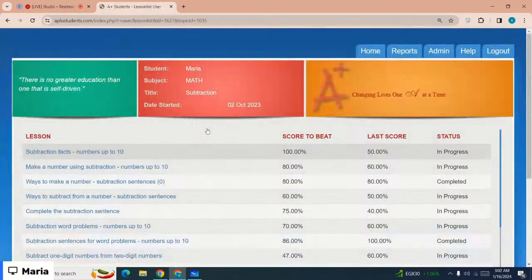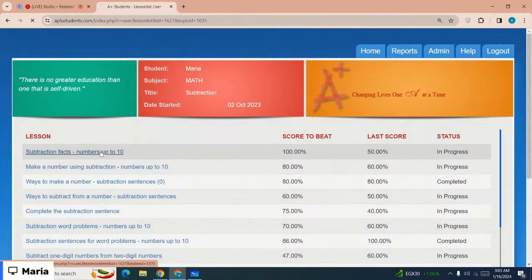Here we are going to learn the subtraction facts. How do we make a number? How do we subtract one digit numbers like this? They all are related to subtraction. The basic concept is subtraction. So that is a quick review of this chapter.